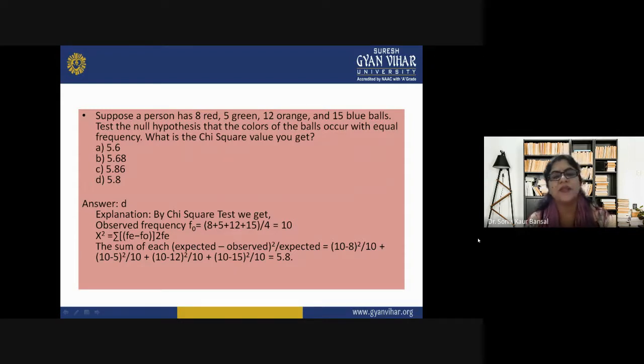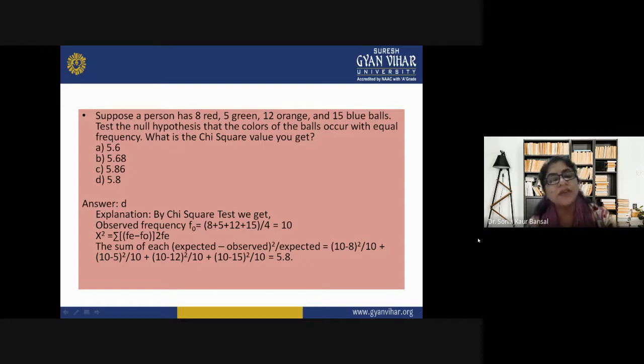And the correct explanation of it, let's see it. By chi-square test, we get the observed frequency. So the expected frequency is 8 plus 5 plus 12 plus 15 divided by 4, that is standing for 4 categories. So the answer is 10. Then chi-square is the summation of (FO minus FE) squared upon FE.